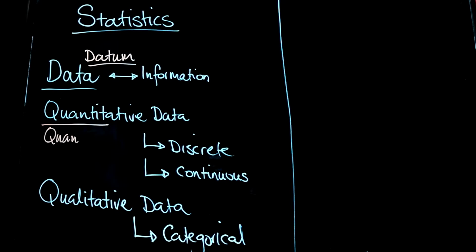Quantity, okay. And so that helps me understand what type of data it is. If you've got a quantity, you're measuring something. Now, we break that down into two sort of subcategories. And we call it discrete data, discrete numerical data, or discrete quantitative data.